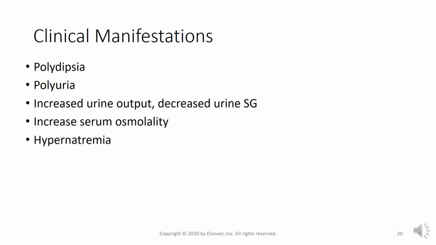They have increased serum osmolality, decreased urine osmolality, decreased urine specific gravity, and they are hypernatremic. So they're hypovolemic, hypernatremic. I want you to think about all those symptoms of dehydration and what your client with diabetes insipidus that has decreased ADH hormone or effect would have: the tachycardia, the hypotension, the decreased skin turgor.